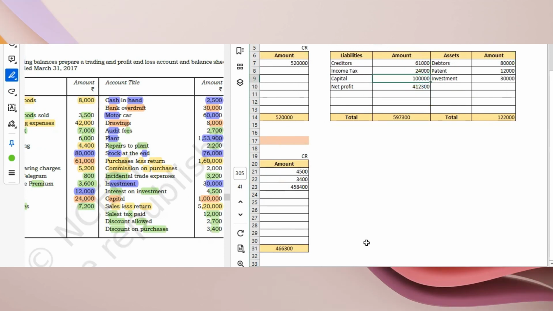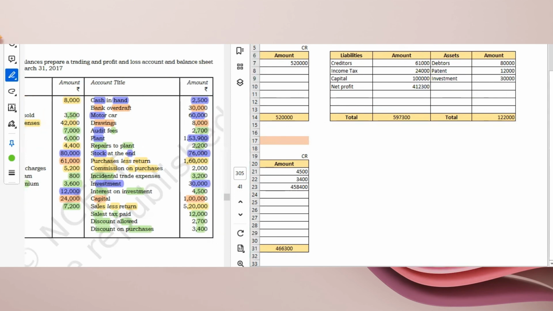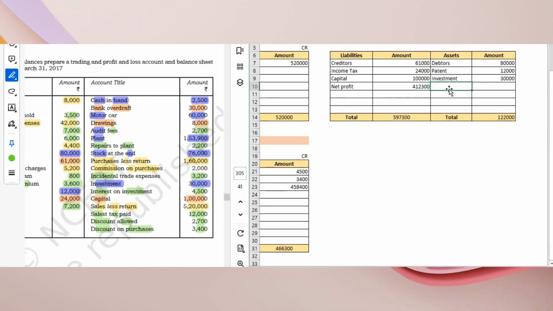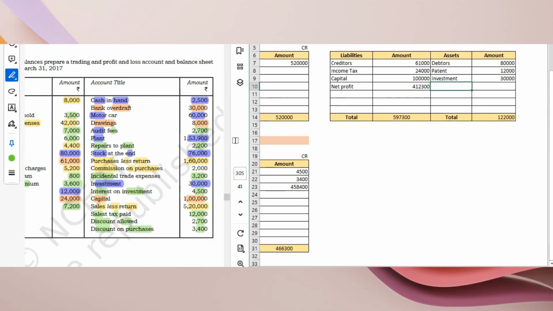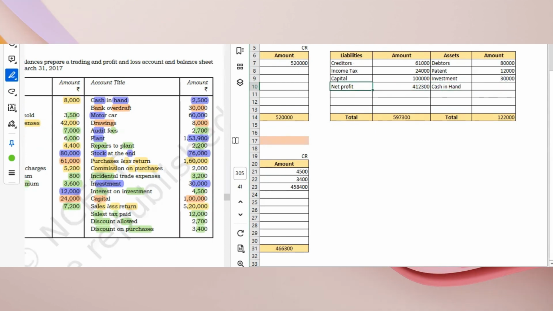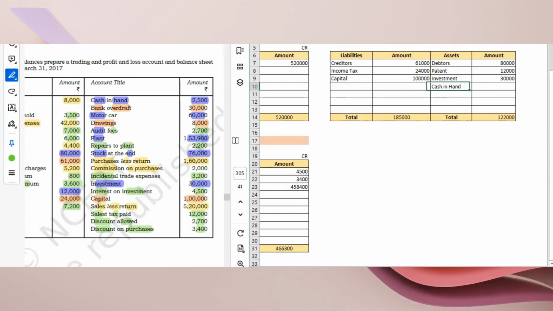1 lakh investment, cash. Okay, sorry guys. One thing we did: we mentioned all these expenses, but we didn't transfer these line items here, so it is not getting matched. Now you can see I'm transferring all of this, cash in hand.